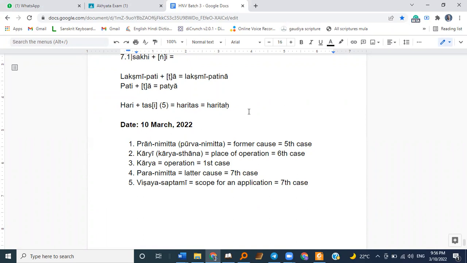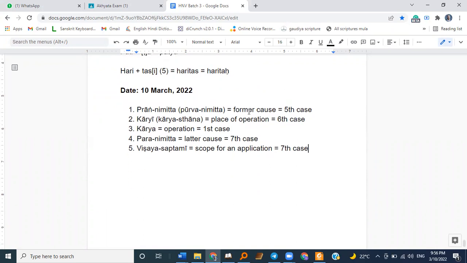Prabhu, then what is the difference between Paranimitta and Vishaya Saptami? Both of them are in Saptami. Yes, it is mentioned in one of the Amrita Tikas of Akhyata that Vishaya Saptami is a scope of an application. When we say scope, it need not be a cause.